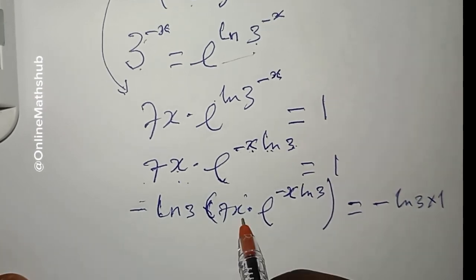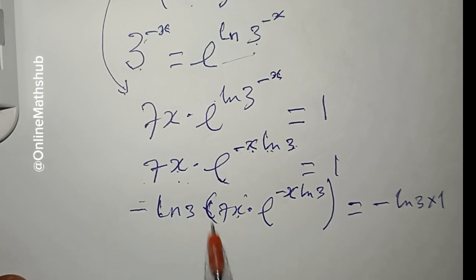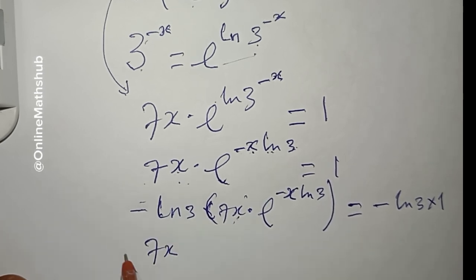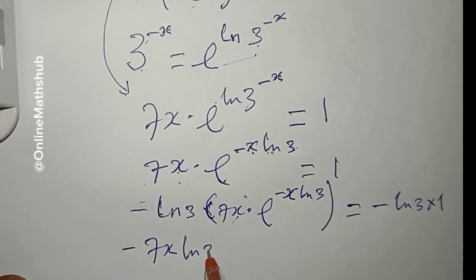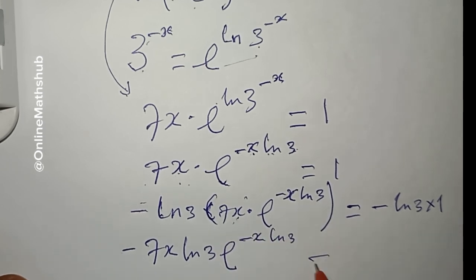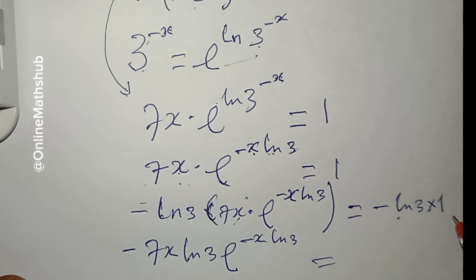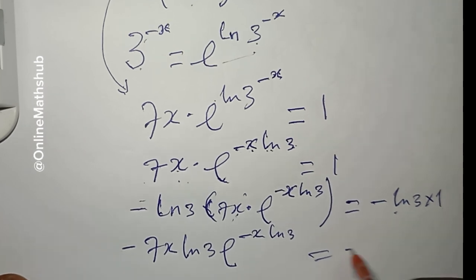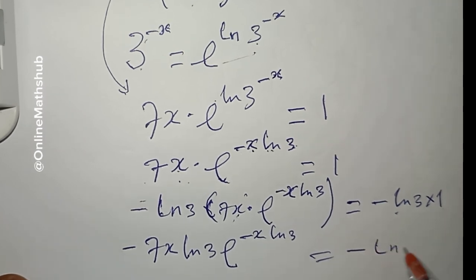So on this side I can actually bring these ones out right here, so that this is 7x. So let me put it like this: negative 7x natural log of 3 multiplied by exponential negative x natural log of 3 is equal to natural log of 3 multiplied by 1, which is still the same. So I have negative natural log of 3.